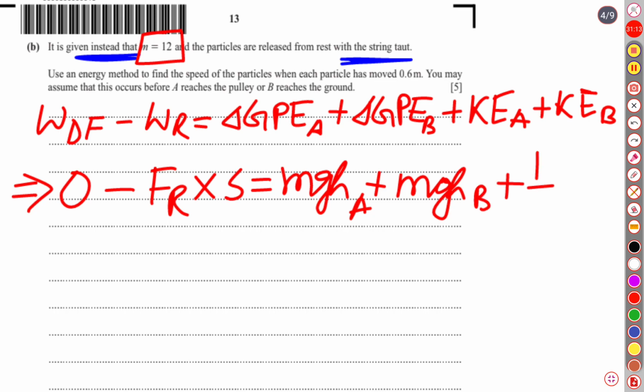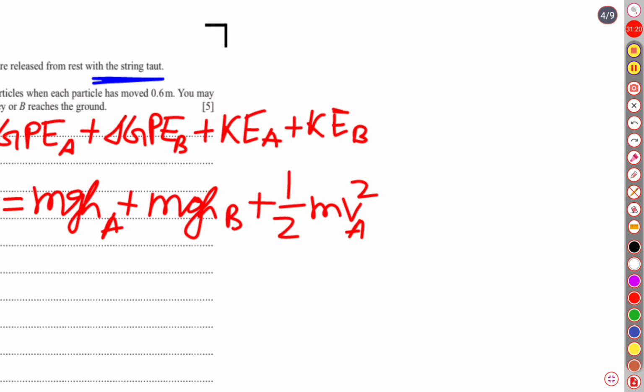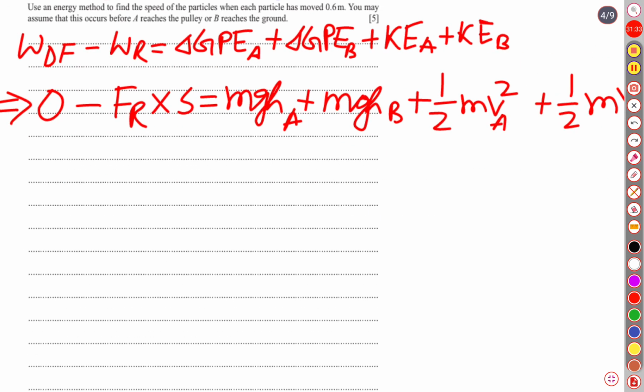We know the formula is half m v square of A plus half of mass of B into final velocity of particle B square. Now we will apply the values.